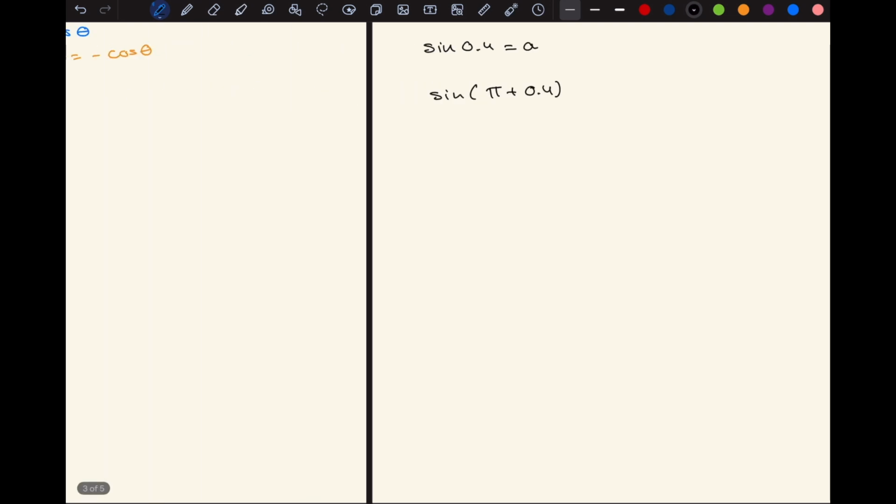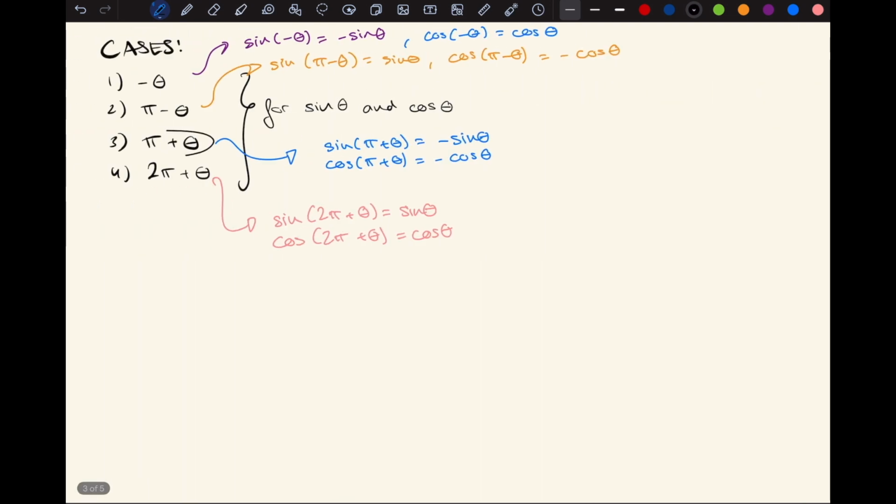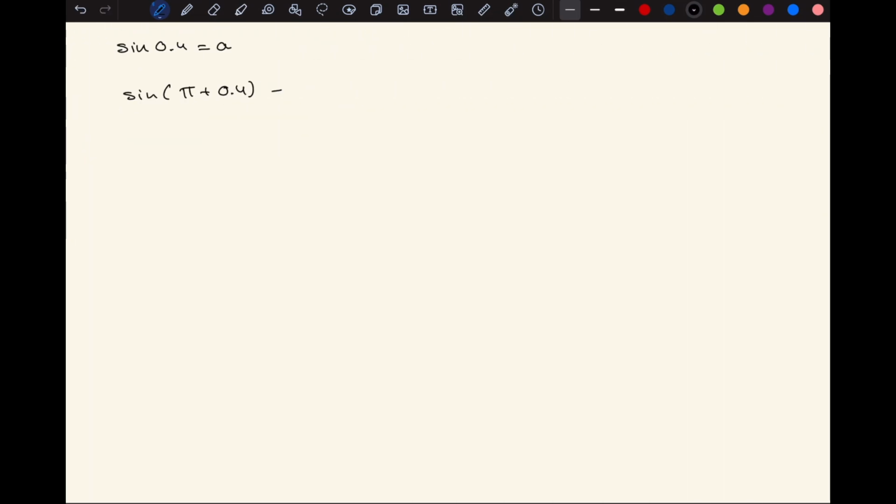And knowing these properties, we know that the pi plus theta in the case of sine will give us negative sine. So we'll know this is equal to negative sine of 0.4, which is equal to negative a. And then we can work with something that we know. And for example, if the answer is asked to be expressed in the form of a, we know that that's what it is.